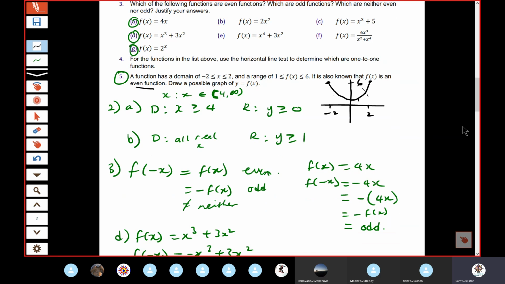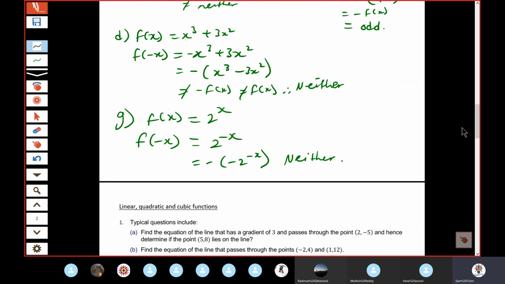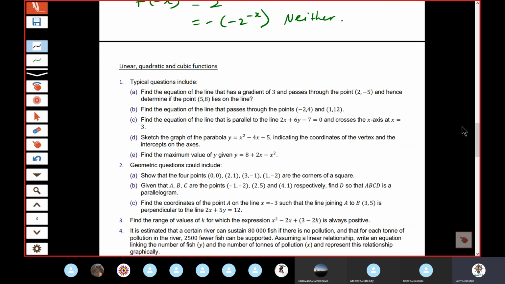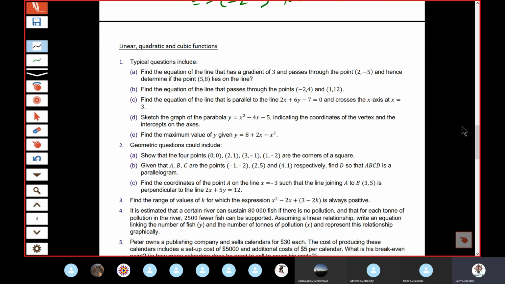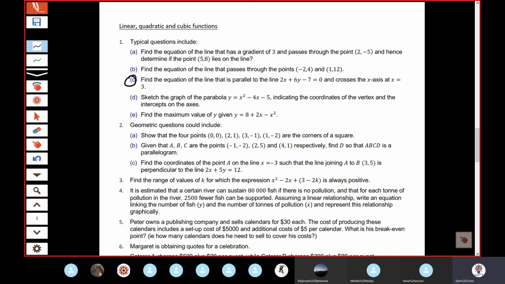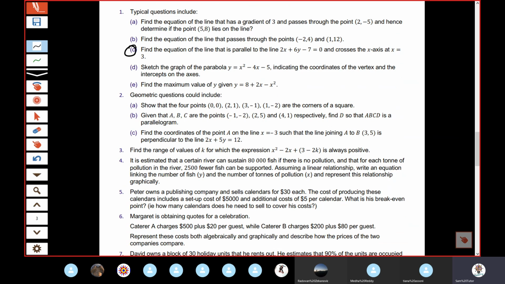All right. Find the equation of a line. Yeah, maybe C. Oh, 3.